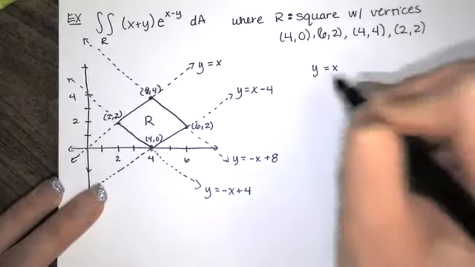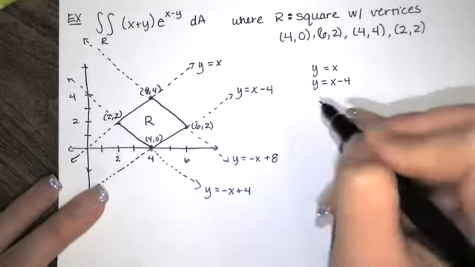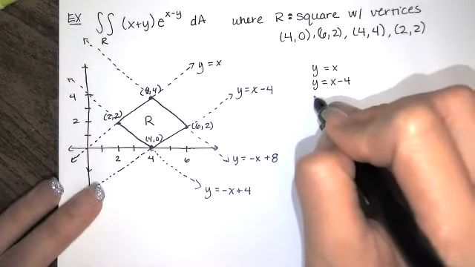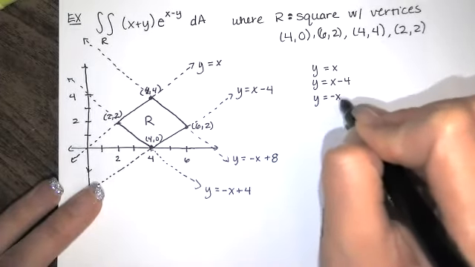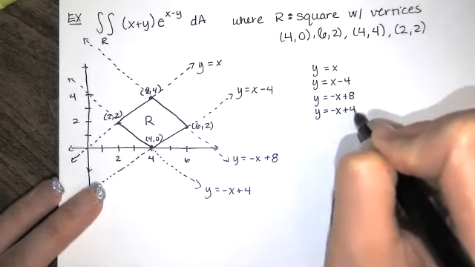If y equals x, y equals x minus 4. Notice I'm grouping those that have the same slope. It's always good practice. Y equals -x plus 8, and y equals -x plus 4.